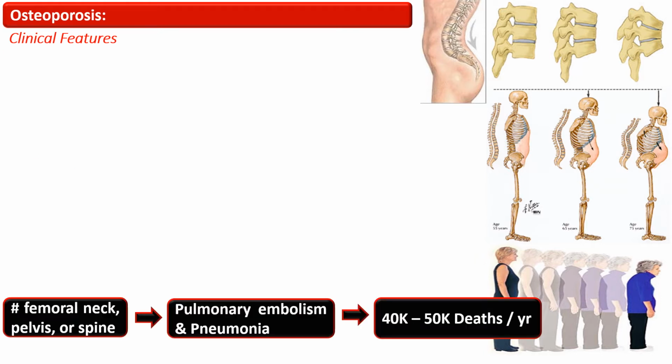When there is fracture of the femoral neck, pelvic or spinal area, it leads to immobilization and results in pulmonary embolism and pneumonia. This accounts for 40 to 50,000 deaths per year in the USA.